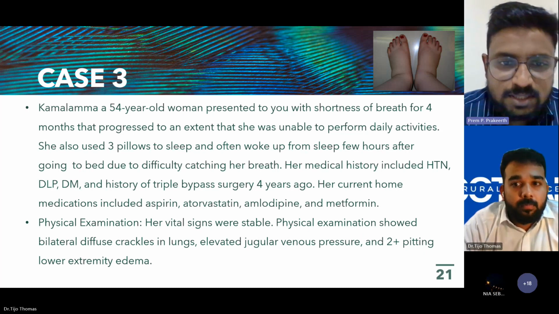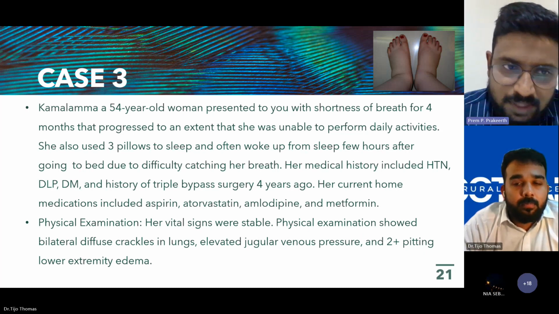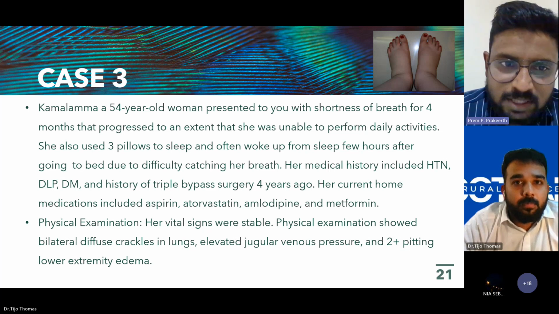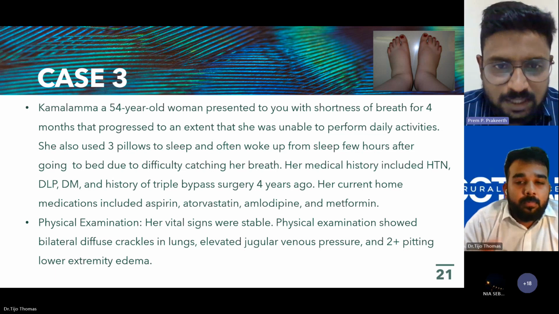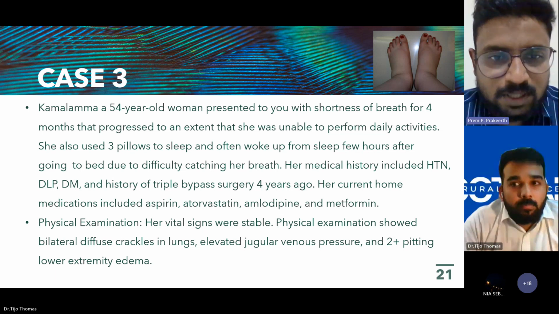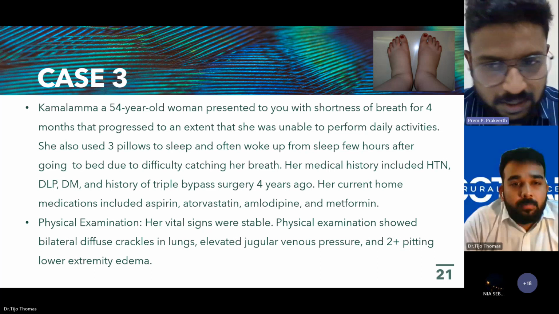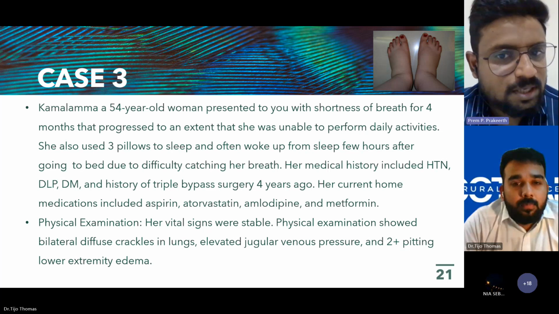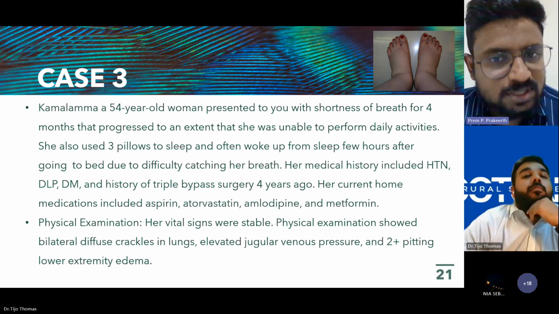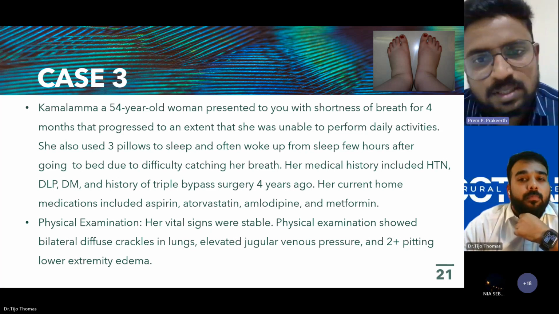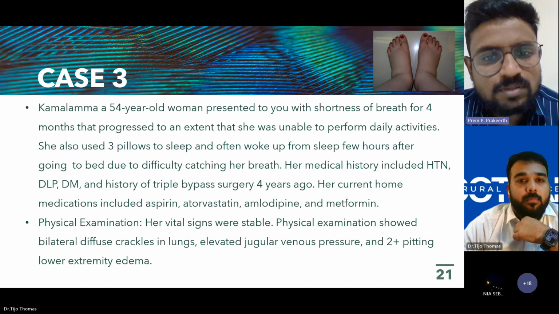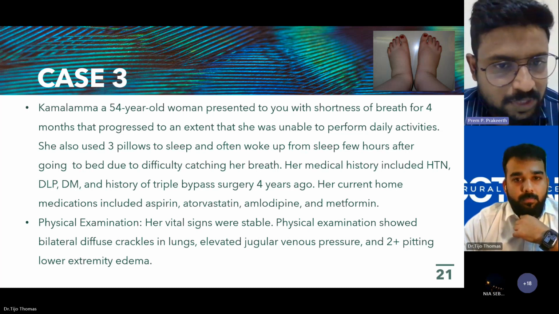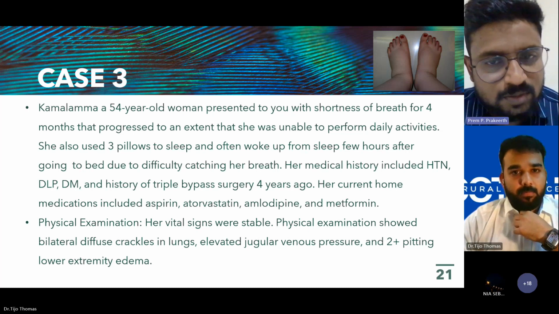All those indicate an underlying heart disease, and in an elderly patient with multiple comorbidities, we should always suspect underlying coronary artery disease. She has presented with progressive shortness of breath for 4 months. She was unable to perform daily activities, and she's having orthopnea and PND.